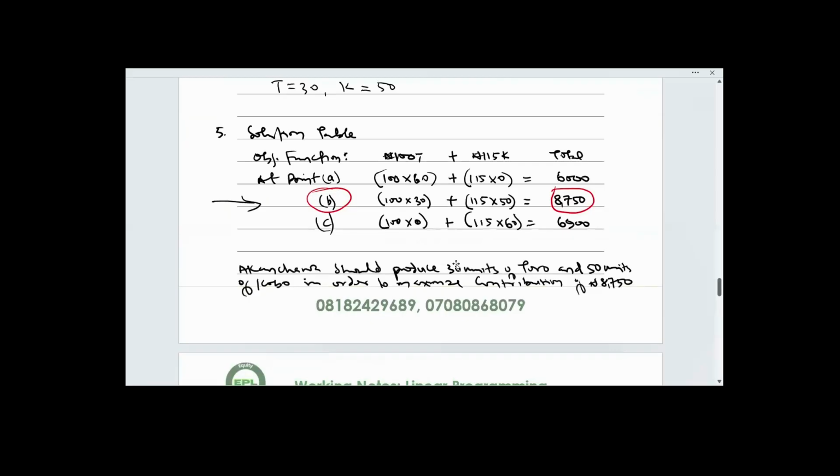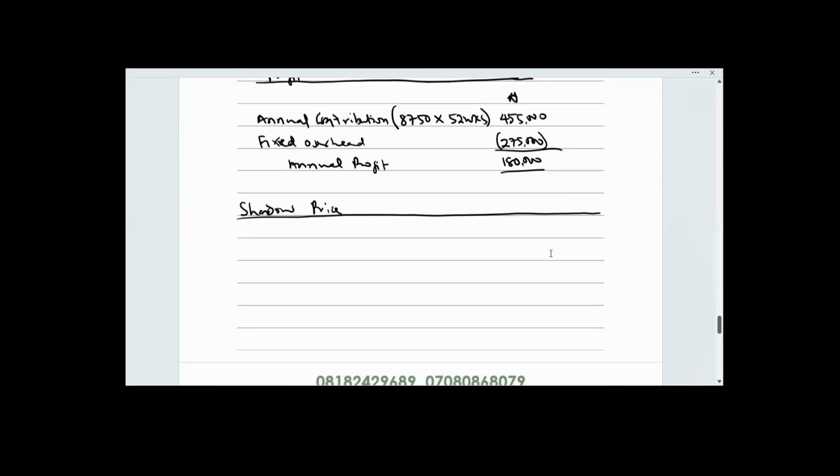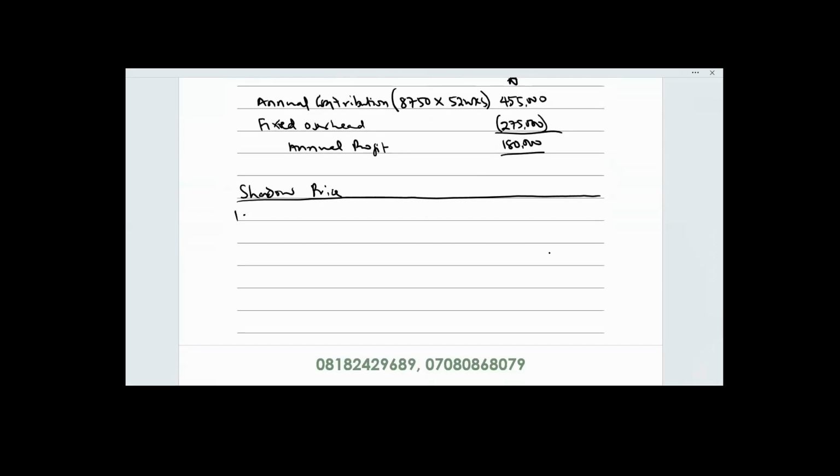You see that the equations that intercepted at that point is at point B. Step 1, identify the equations that intercept at point B. So point B is the optimal level of activity.